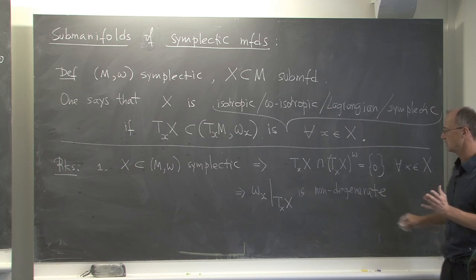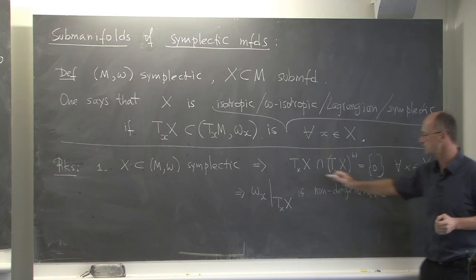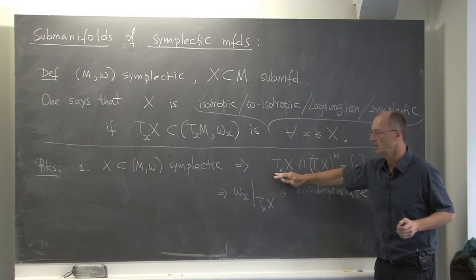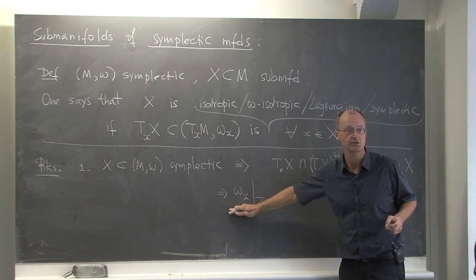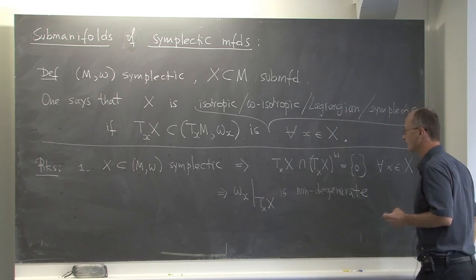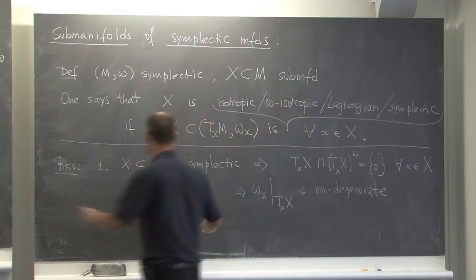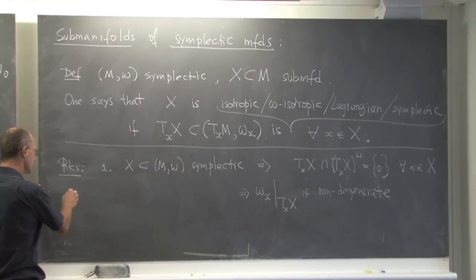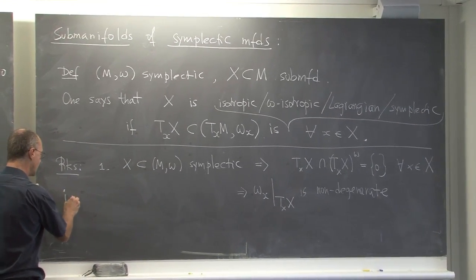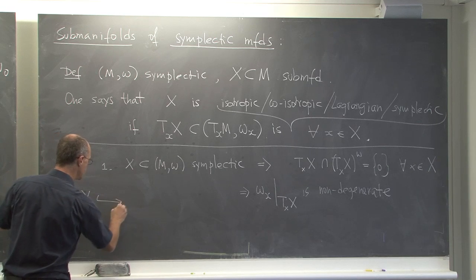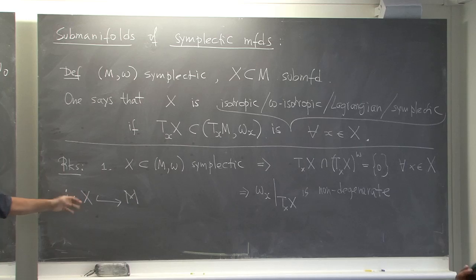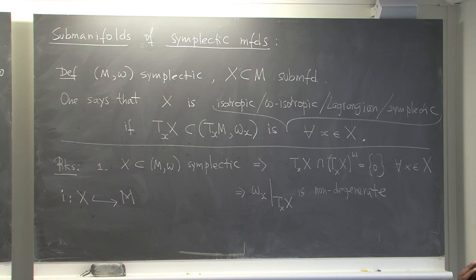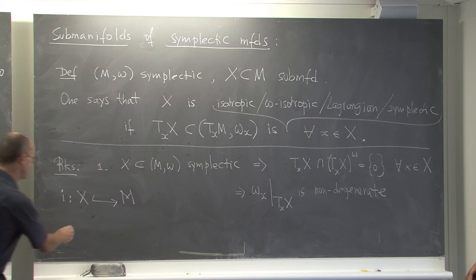So you have a two-form on the big space, you restrict it to the small space, and this condition exactly means that this restriction is non-degenerate. So what does it mean? As before, let's introduce the map i, which embeds X into M. This is just a tautological map, sending the point of X to itself.